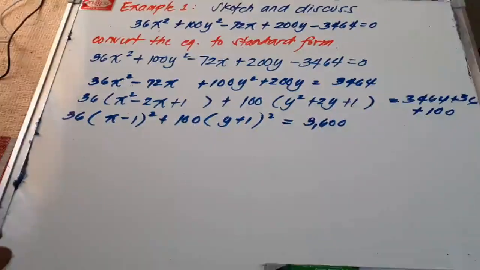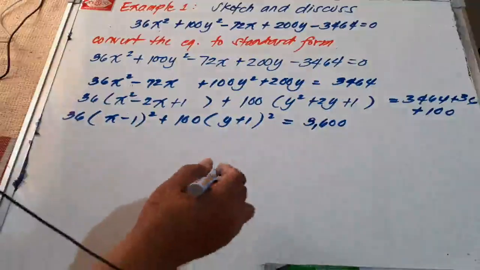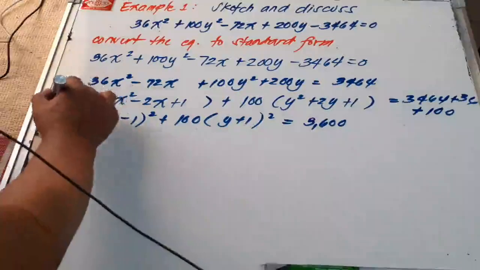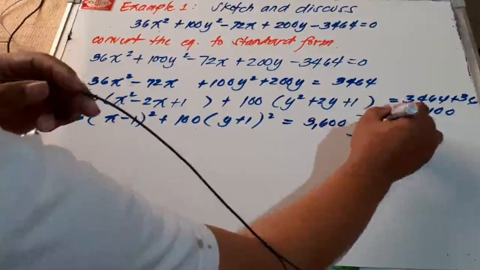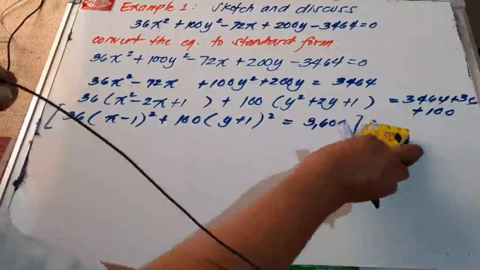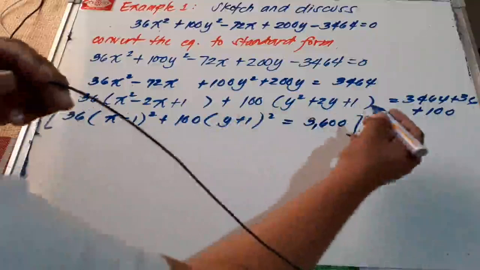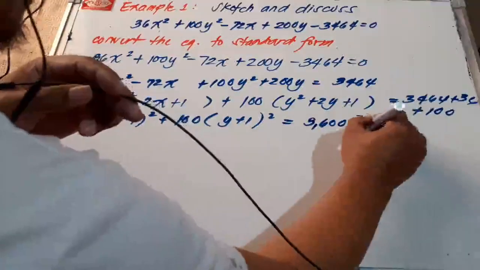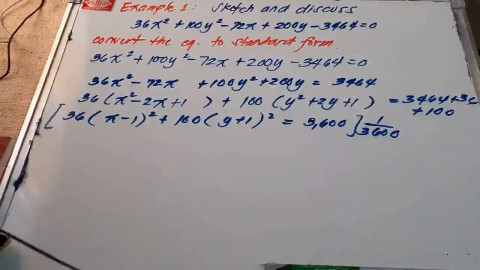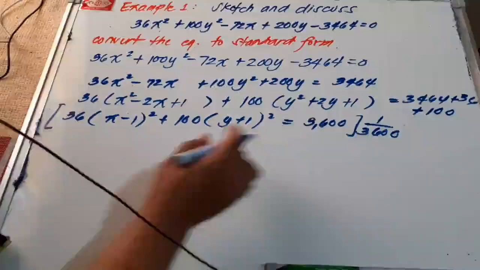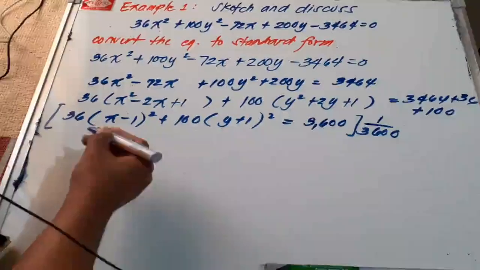And then, ilagay natin sa standard form by dividing all of the terms by 3,600. So 1 over 3,600. So we have 36 divided by 3,600, both divisible by 36.